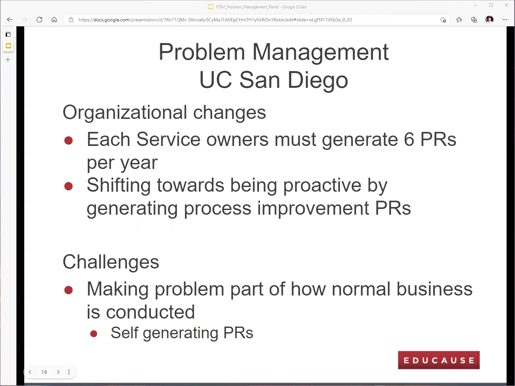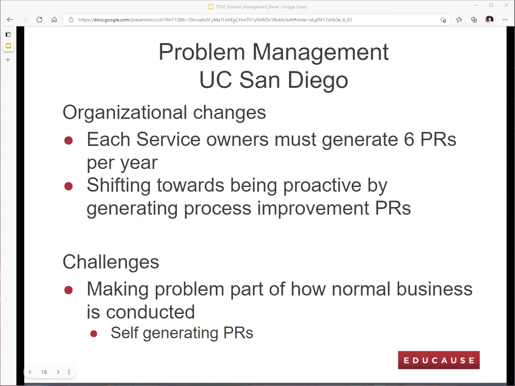Those can be regular problem reports or process improvements, any combination. Some organizations have more than 6 because they have incidents that require them, so they get them quickly.